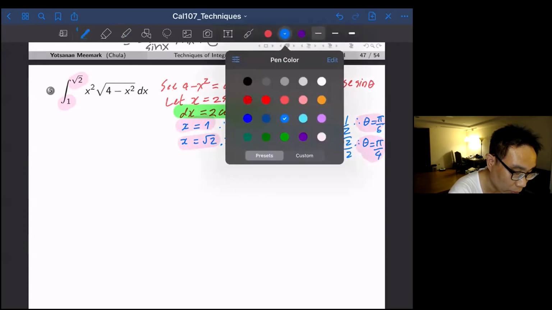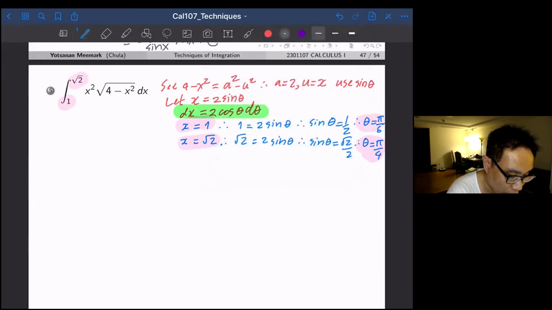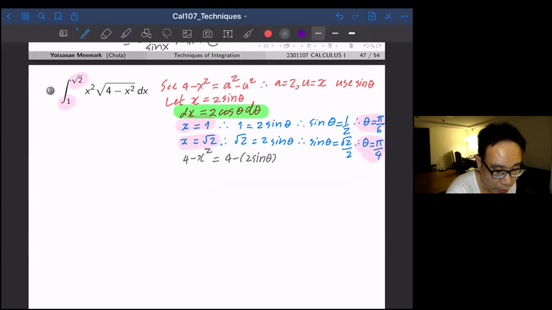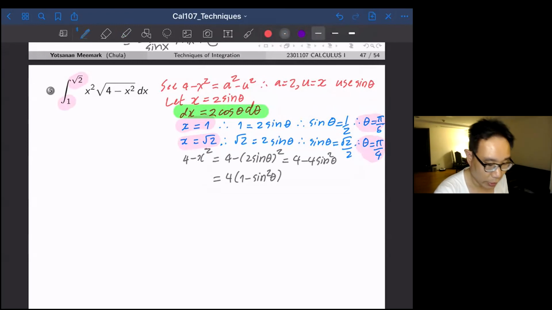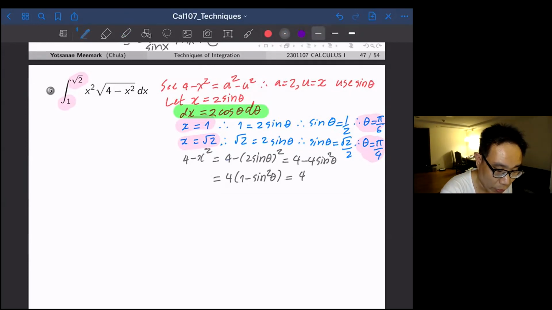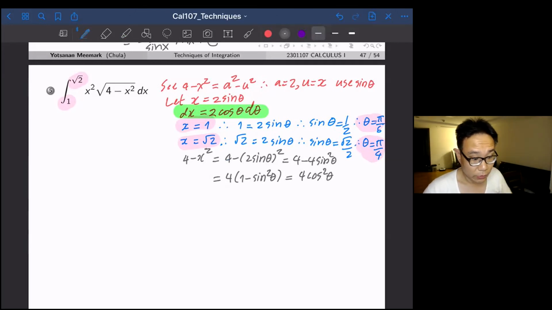This will be 4 minus (2 sine theta) squared, which gives 4 minus 4 sine squared, which is 4 times (1 minus sine squared). So this will be 4 cosine squared.